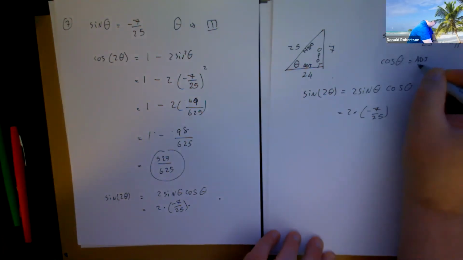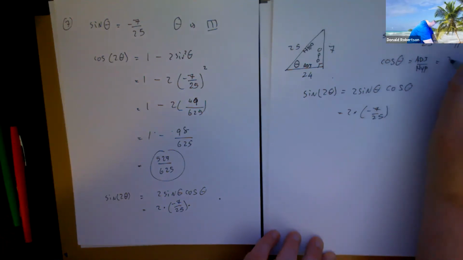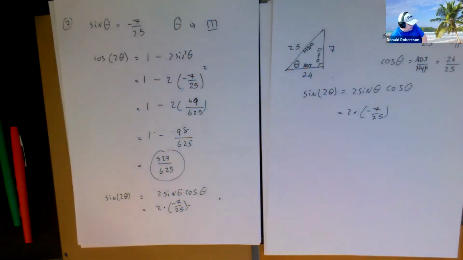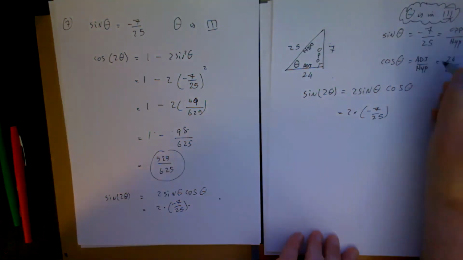Let's tell you where it came from first. Isn't it the adjacent over the hypotenuse, which is 24 over 25? And then if you're wondering, why was that even told to us? Now it comes in. If you are in the third quadrant, is the cosine positive or negative? Negative. Right? And you put that guy in.